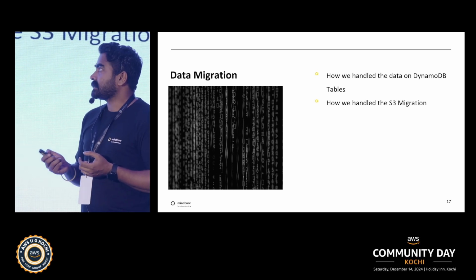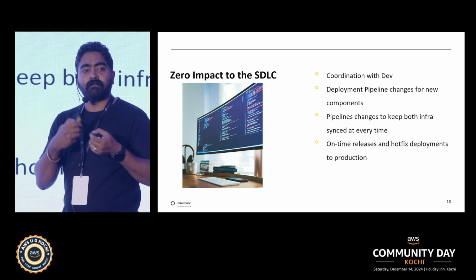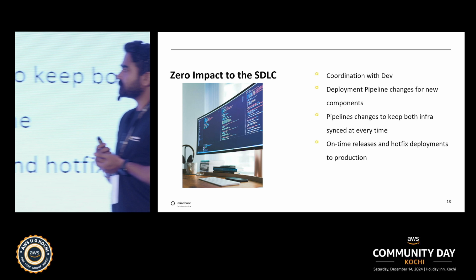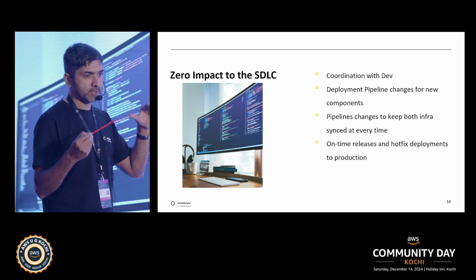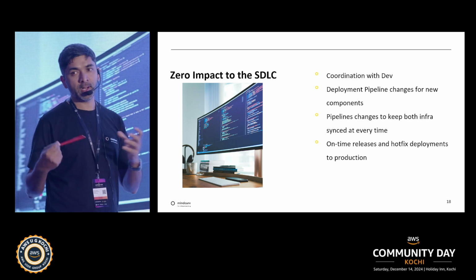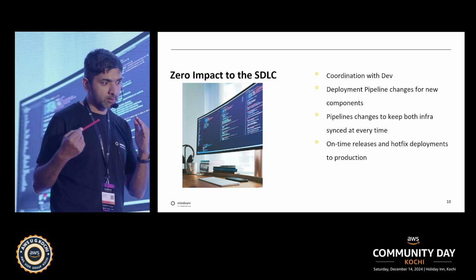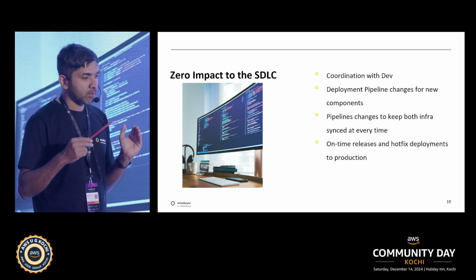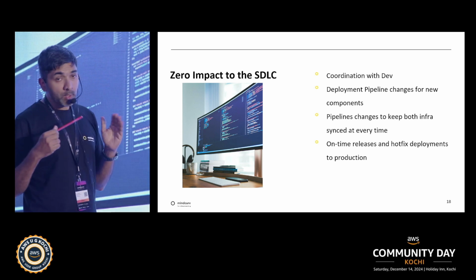Now, let's take a look at how we reduced the impact to the software development lifecycle. In order to make a smooth rollout of these changes, we needed to coordinate with the development teams, and we have done that. We understood their timelines and their plans.